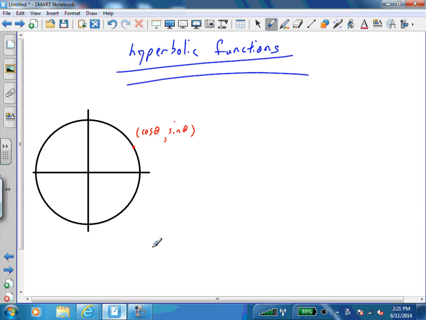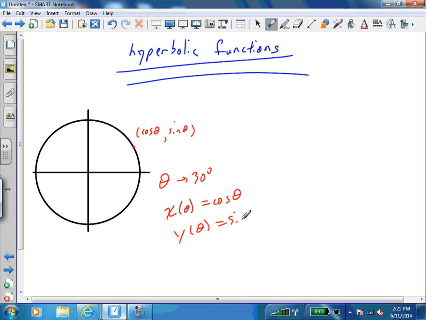And any angle that we pick, theta to be a specific angle, for example, 30 degrees, the x-coordinate is cosine theta, the y-coordinate is sine theta.